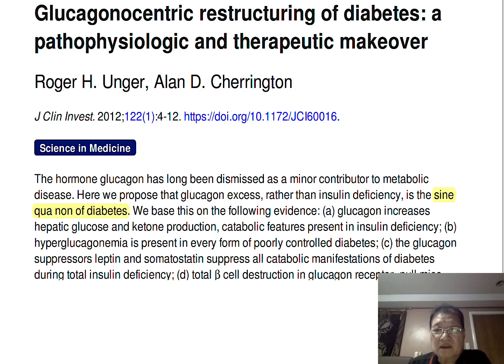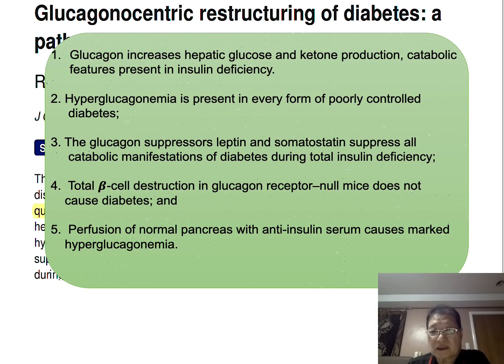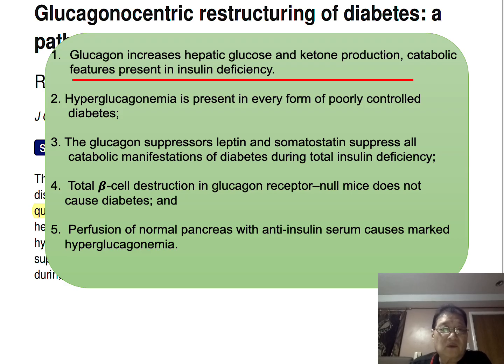So this was his work, the glucagonocentric restructuring of diabetes. Here, they propose that glucagon excess rather than insulin deficiency is the sine qua non of diabetes, based on the following evidence. Number one, glucagon increases hepatic glucose and ketone production, catabolic features present in insulin deficiency. Number two, hyperglucagonemia is present in every form of poorly controlled diabetes.